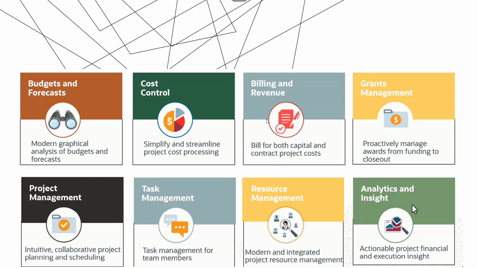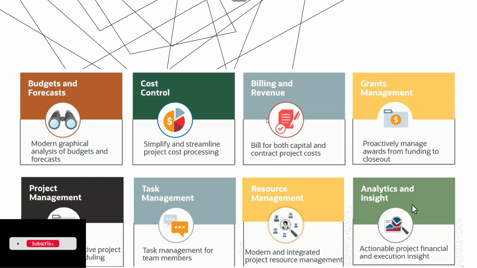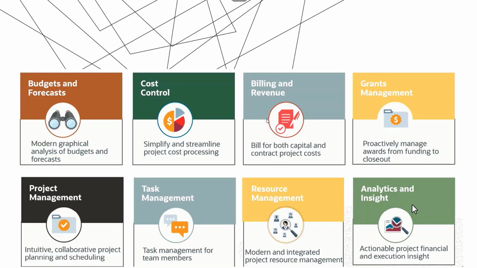Then resource management, a more modern and integrated product resource management you can use, with some analytics. Resource managers can use a dashboard and they can manage their resource assignments.